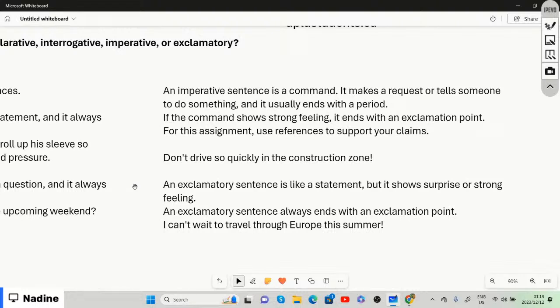Depending on how the imperative is being given across, for example, don't drive quickly in the construction zone, it is more stressed.